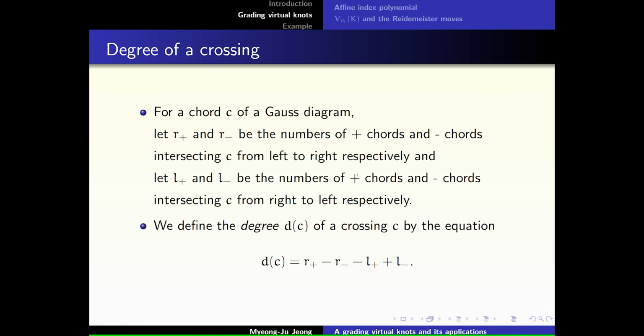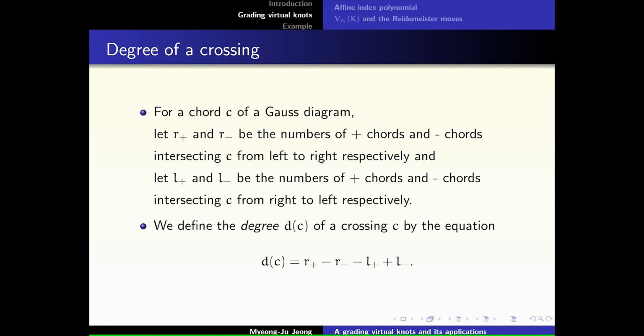Now, we define the degree of crossing. We identify a code and crossing, and if we have a code C of a Gauss diagram, then we count the number of positive codes and negative codes intersecting C. If we consider the positive codes and negative codes intersecting C from left to right, then we denote them R sub plus, and similarly we denote R sub minus to be the negative codes intersecting C from left to right.